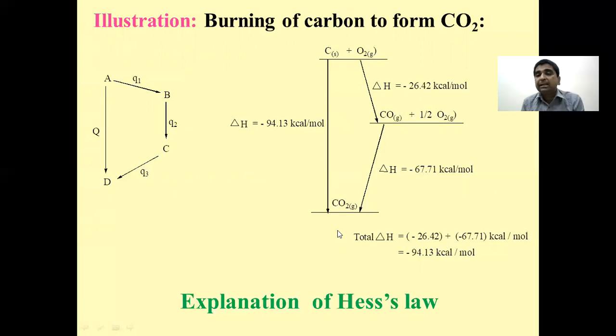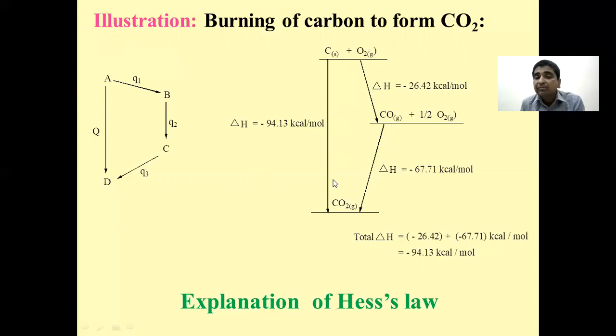Now what is the alternative path here? The alternative path is burning of carbon with oxygen to form carbon monoxide and half O2. So here the conversion is taking place in two different steps. First is the formation of carbon monoxide by the reaction of carbon with oxygen, and the second step is that carbon monoxide again burns with oxygen to form carbon dioxide.